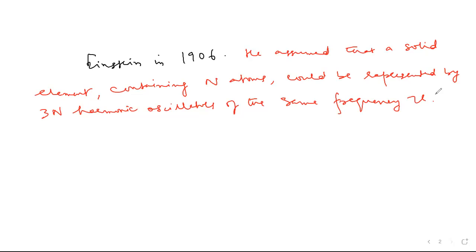Now for the average energy of an oscillator, Einstein made use of a result used by Planck in 1900 in connection with the theory of black body radiation. What was that idea of Planck which was used by Einstein?